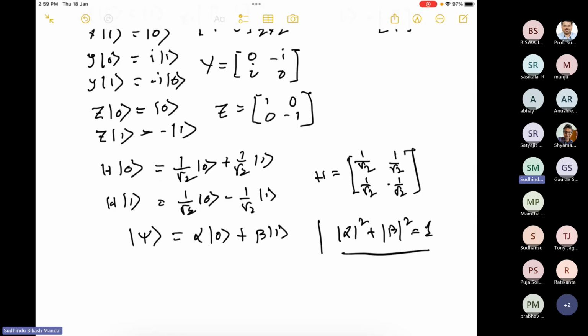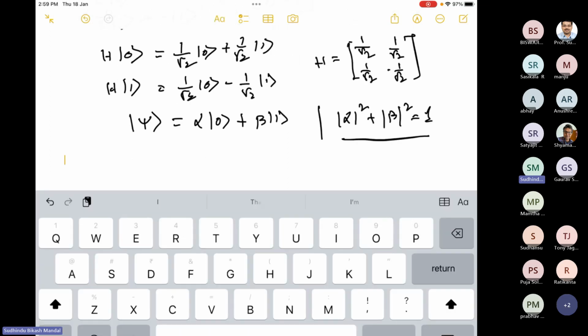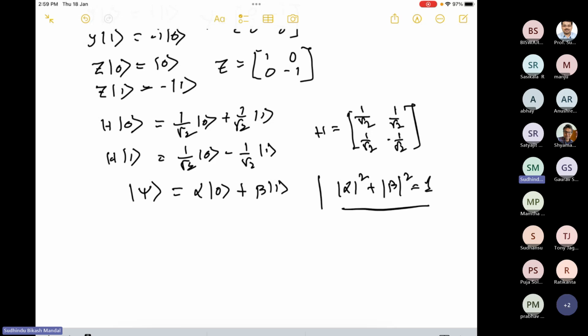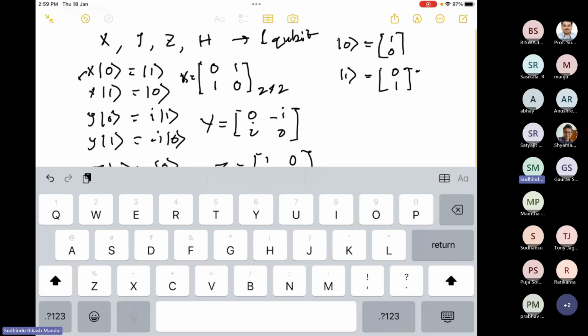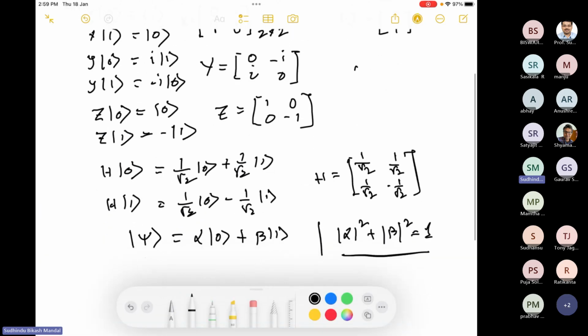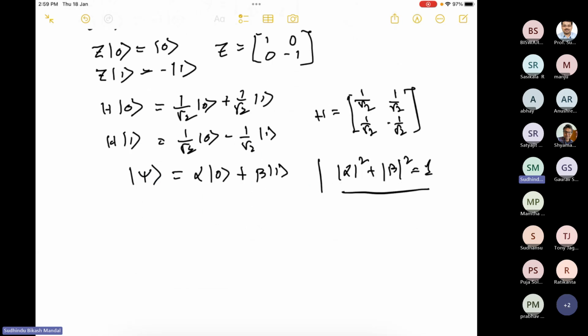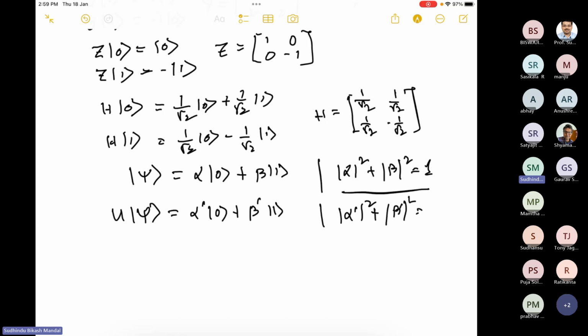A quantum operator should also be norm preserving, so that after the computation, if I apply some operator U over this psi, it will generate some other state, say alpha dash 0 plus beta dash 1, and alpha dash mod squared plus beta dash mod squared should also be 1.